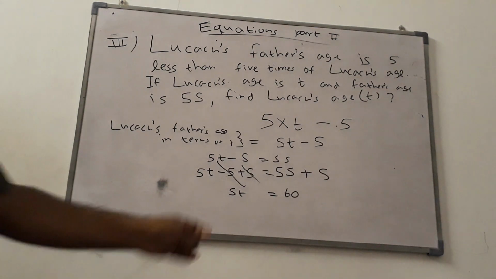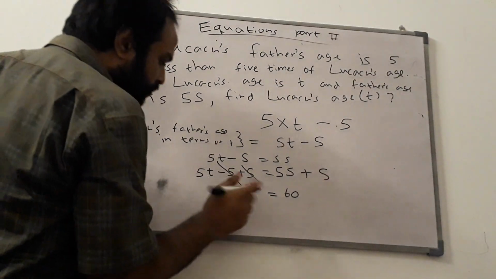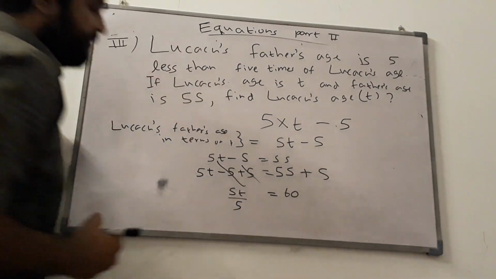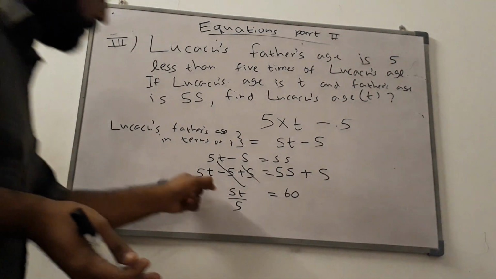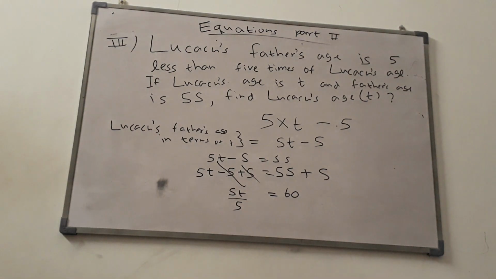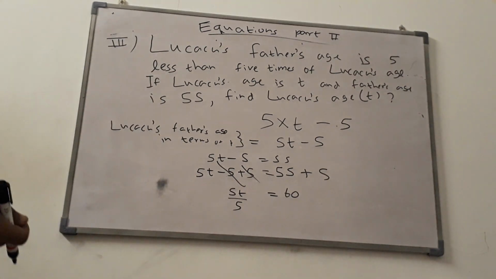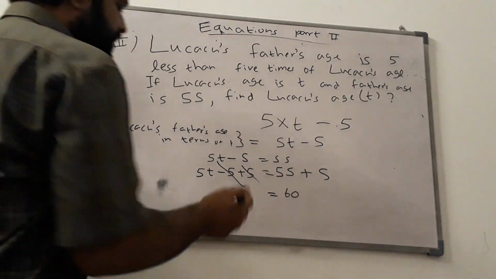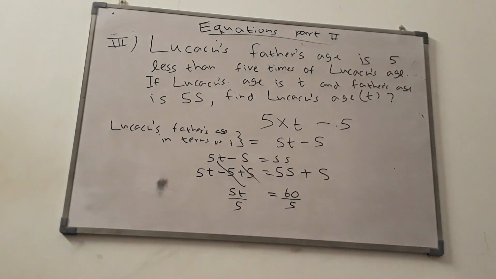Now we have to remove the coefficient of T, or the value in front of T, which is 5. So to remove 5, we have to divide by 5, because 5T is the product, 5 times T. When we divide 5T by 5, we have to do the same thing to the right hand side.